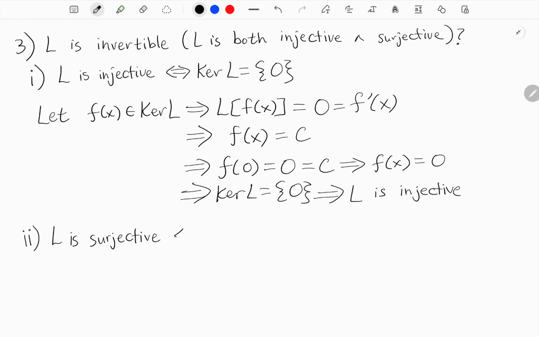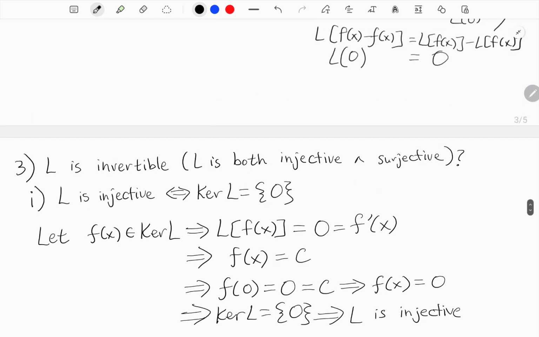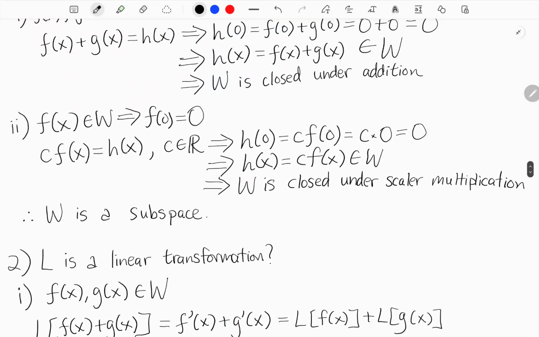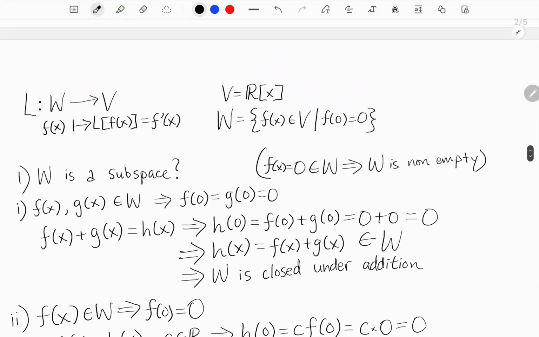L is surjective if and only if, for every g of x, because remember, we're going from W to V, where V is polynomials with real coefficients.